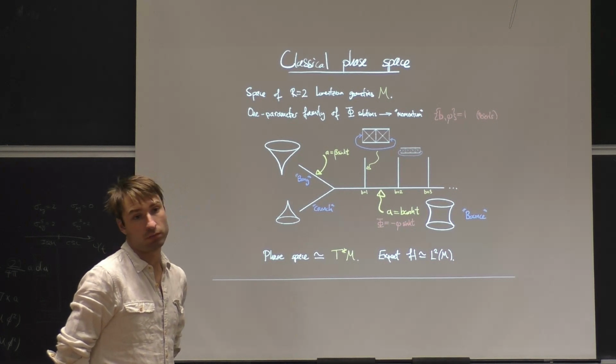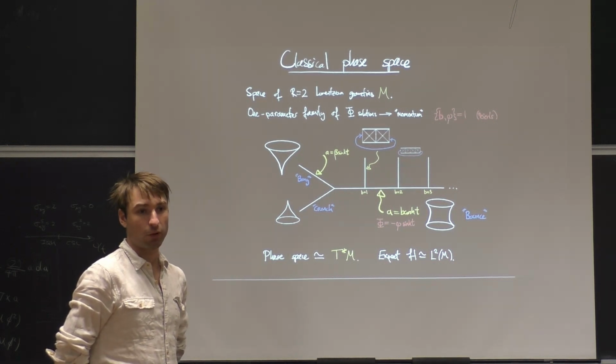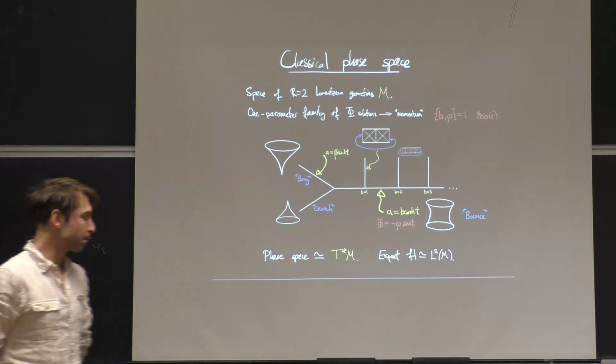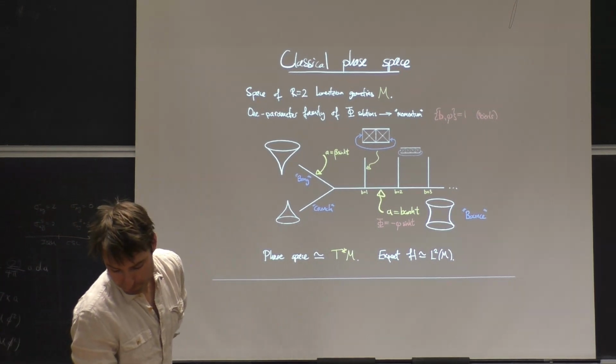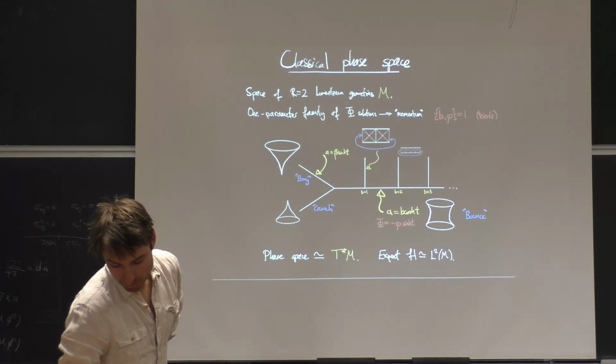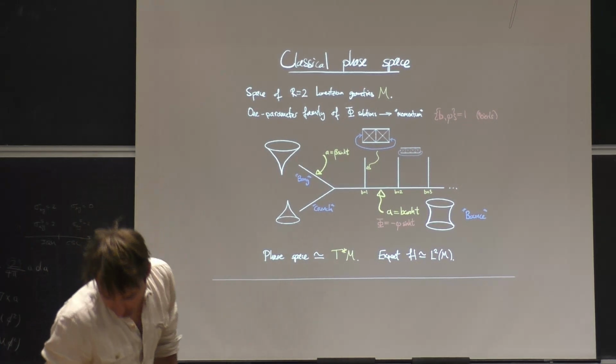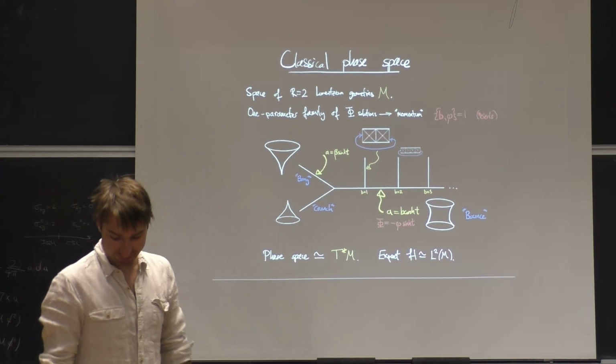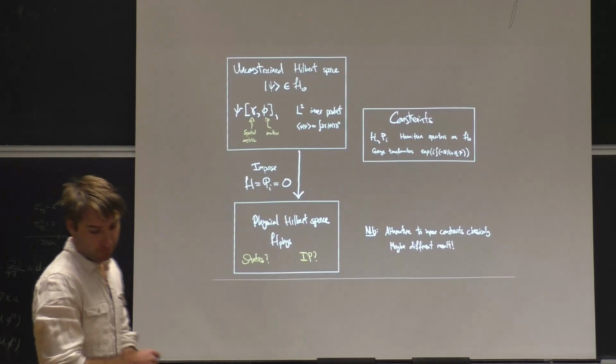But it doesn't fix B and phi in that equation. Quantum mechanically we choose a half-dimensional space. Okay, so that's the phase space. Okay, so that's the end of the classical discussion, more or less.